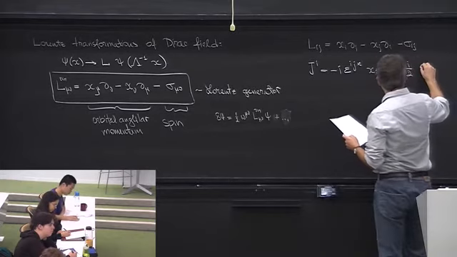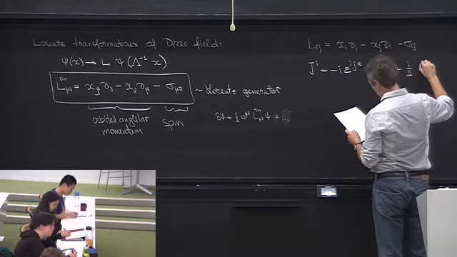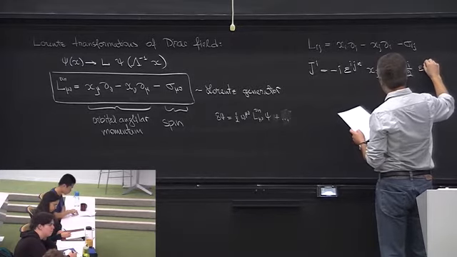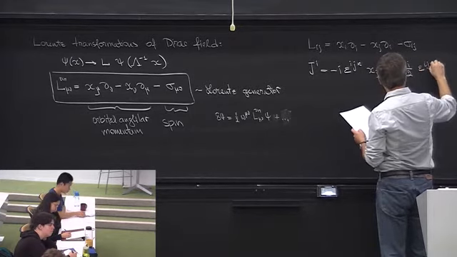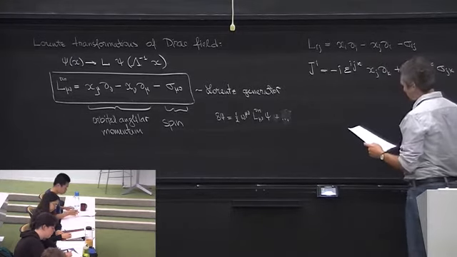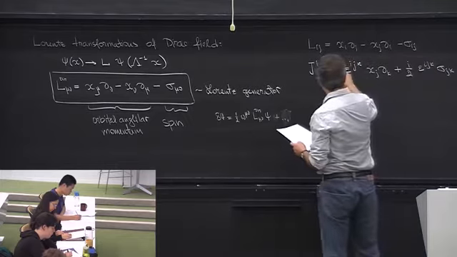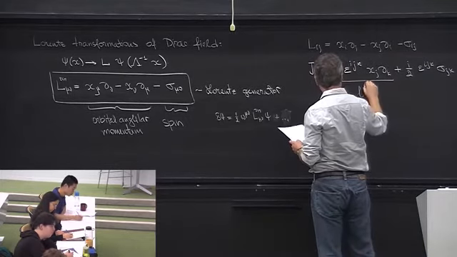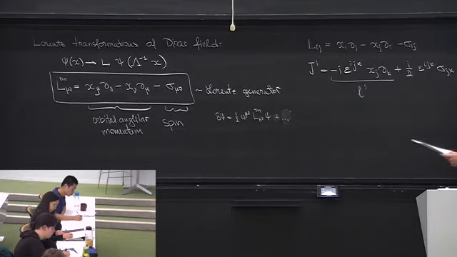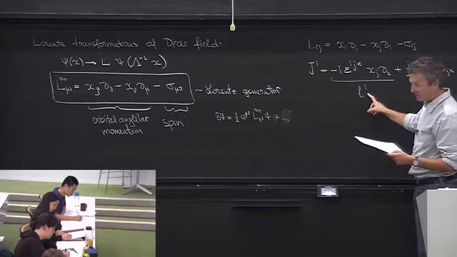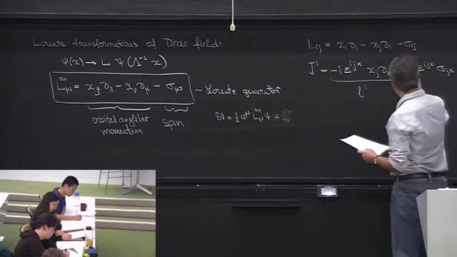So then we should take one. This should be contracted with epsilon jk, sigma jk. So this is what we would normally call Li, the quantum mechanical orbital angular momentum operator.